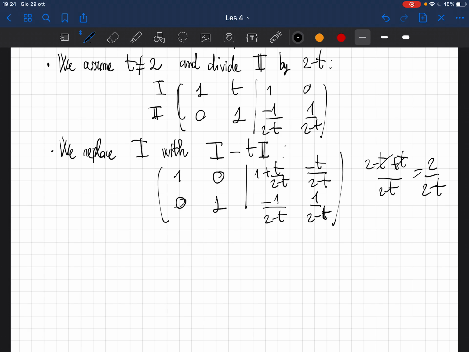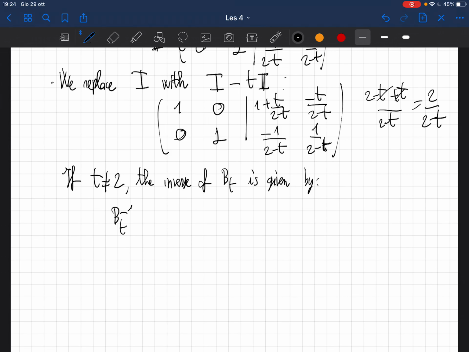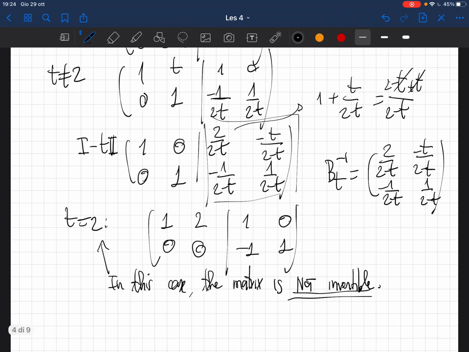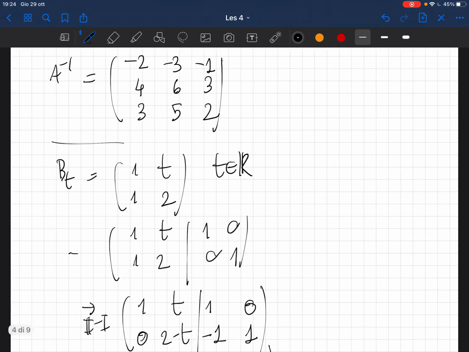So we conclude: if t is different from 2, the inverse of BT is given by BT minus 1 equal to, let me see, 2 over 2 minus t, this is okay, minus t, 2 minus t, minus 1, 2 minus t, 1, 2 minus t.